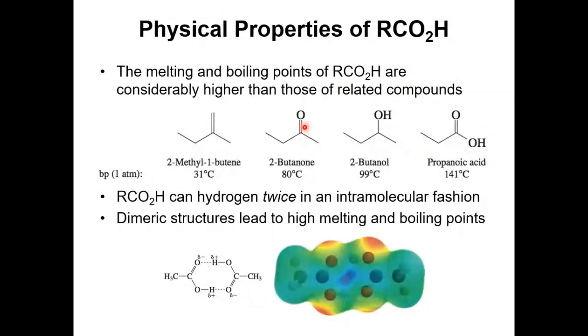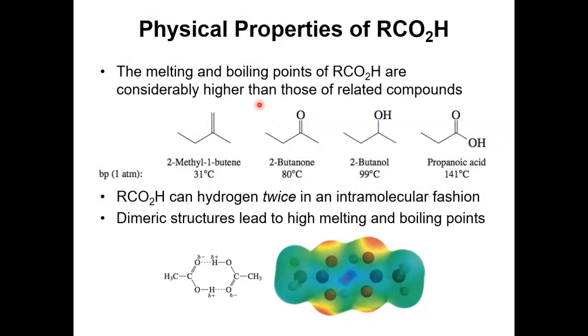Now the physical property. Whenever we get to physical properties, usually we are concerned with the boiling point the most, and the boiling point depends exclusively on intermolecular interaction among the same type of molecules.